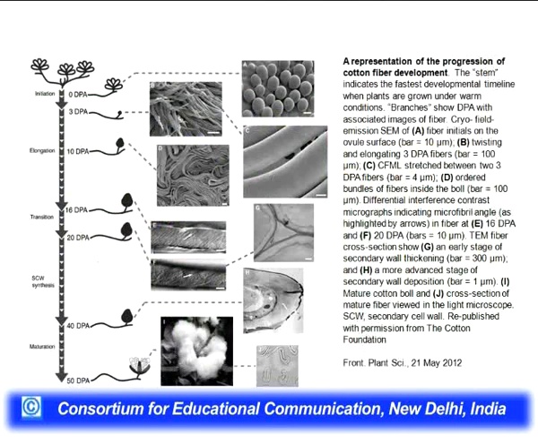So, if you look here, this is a growing ovule of a cotton plant, and this is the 0 day after pollination. That means it is very young. If you look under a microscope, you will find a large number of tiny hair-like structures which are just ready to grow, and these are all trichomes.